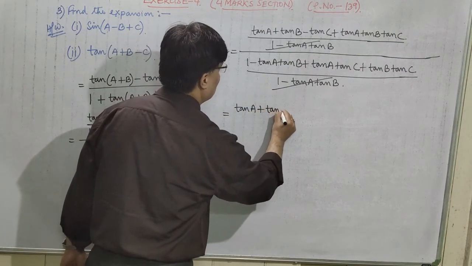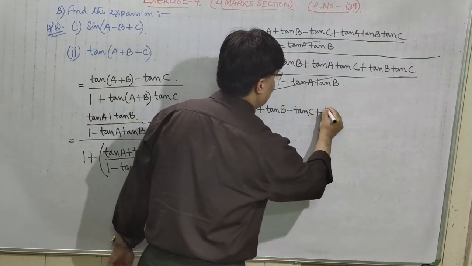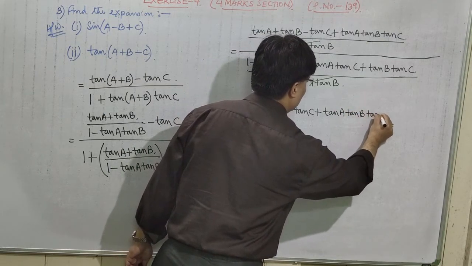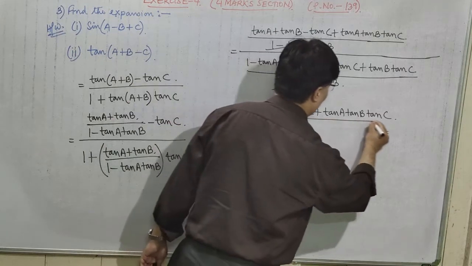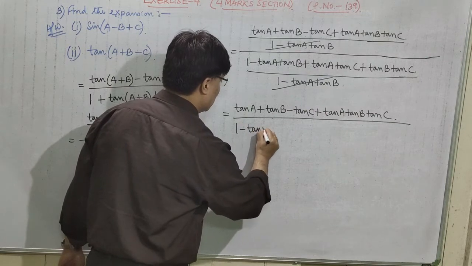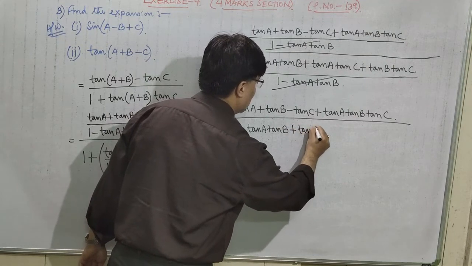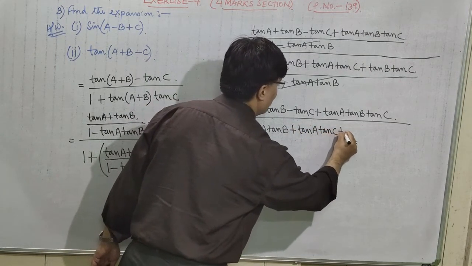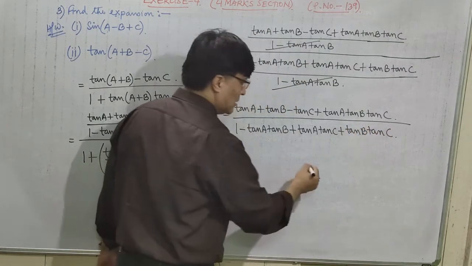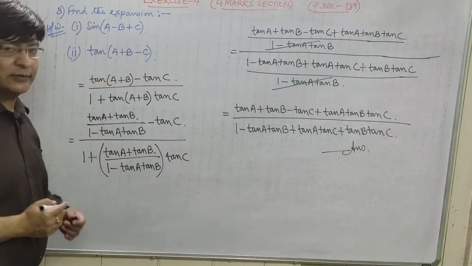Tan a plus tan b minus tan c plus tan a tan b tan c, this whole divided by 1 minus tan a tan b plus tan a tan c plus tan b tan c. So this is the required expansion. This is the answer. Okay.